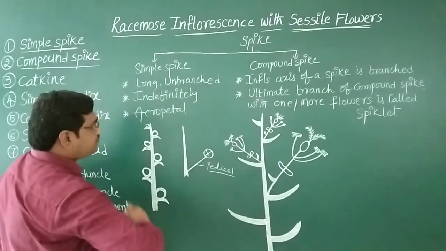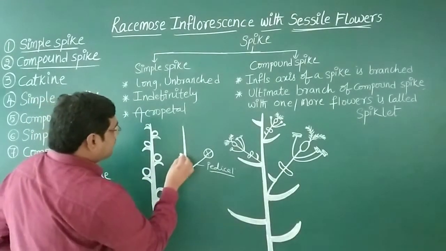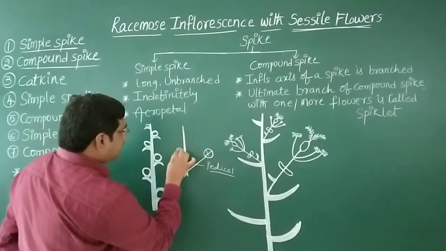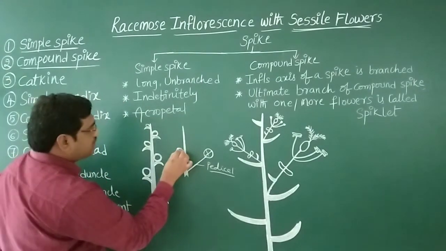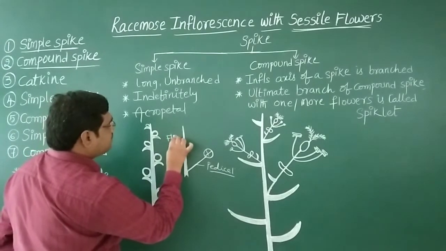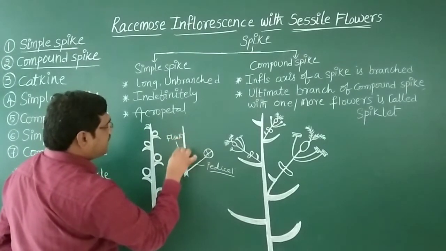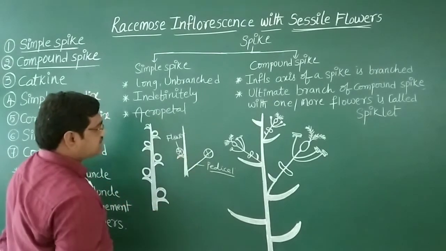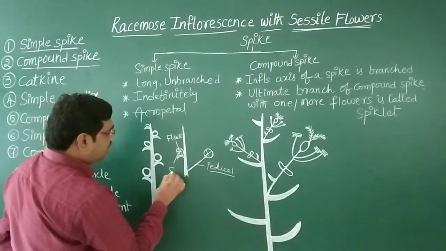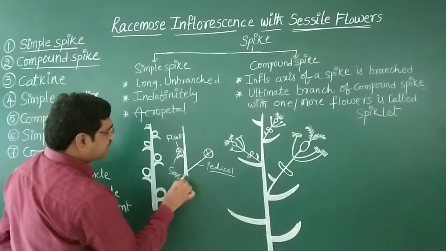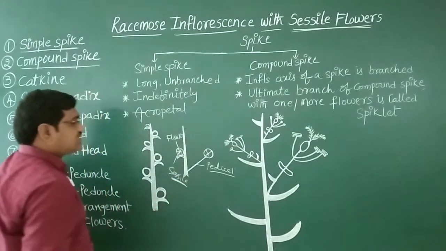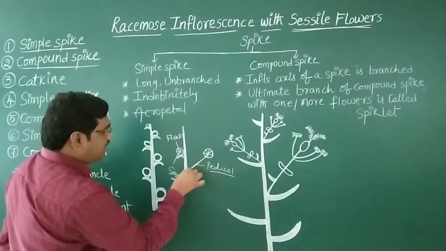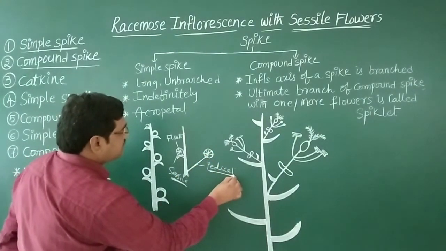In some plants, the flowers are directly attached to the peduncle. This is the flower. This flower is directly attached to the peduncle at the axil of bracts. So these flowers are called sessile flowers.